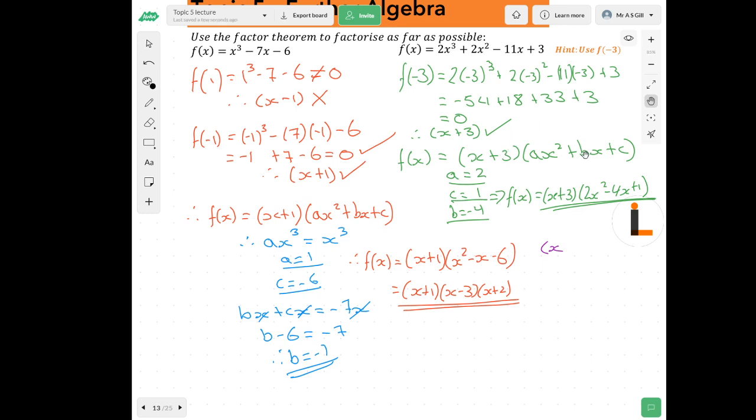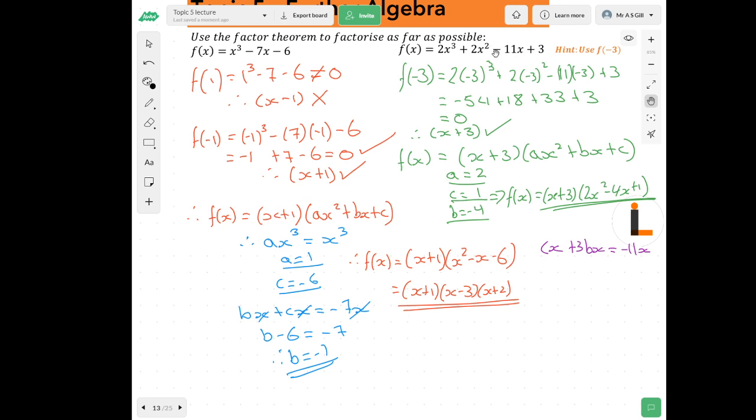Those are going to give me my two x terms. And I multiply out these double brackets here. And that has to equate to minus 11x from our original equation up here.